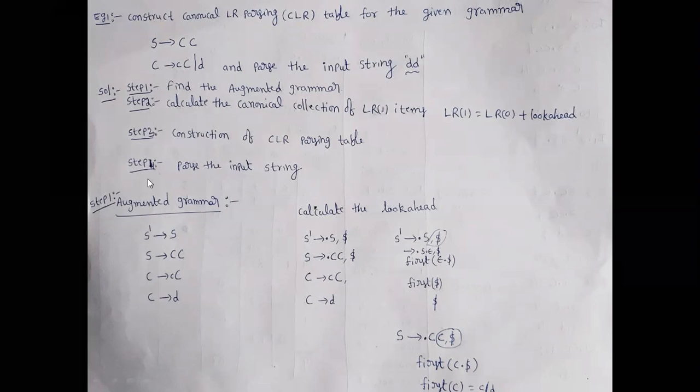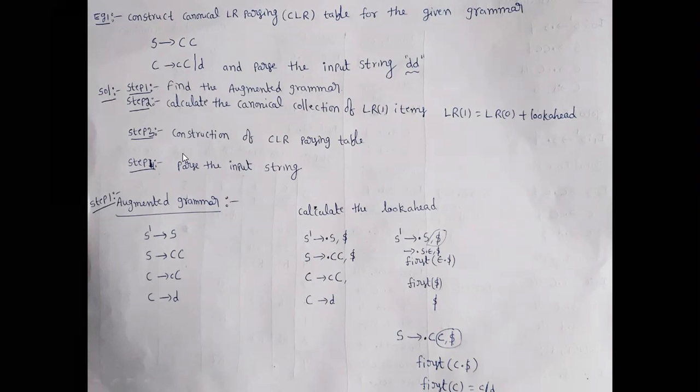So these are the four steps: first find the augmented grammar, then calculate the canonical collection of LR(1) items, then construct the CLR parsing table, and parse the input string.